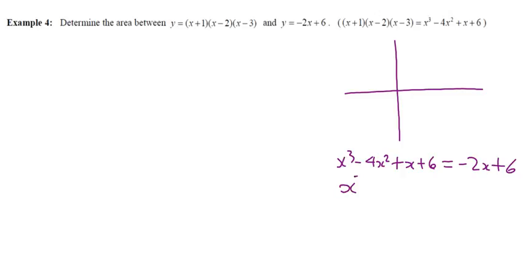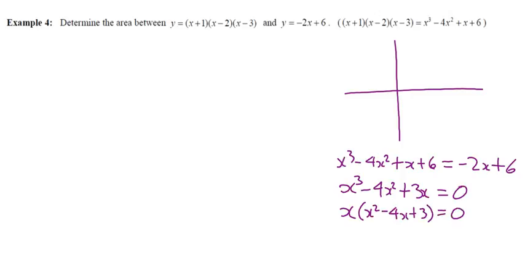Let's try this. So we've got x cubed minus 4x squared plus 3x is equal to 0. So the 6's go away. We can factor an x out of that, and that gives me x squared minus 4x plus 3. So this would be x minus 3, x minus 1.